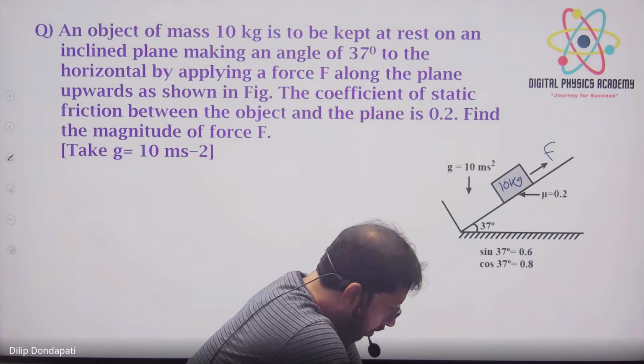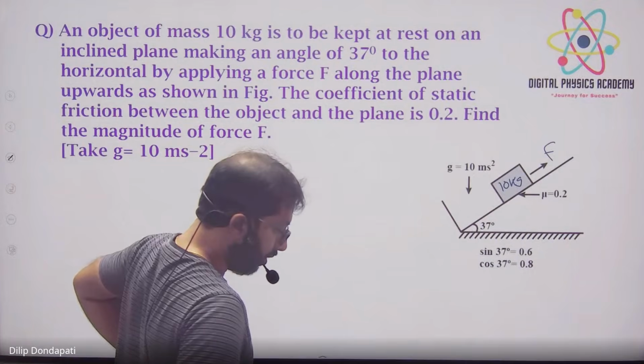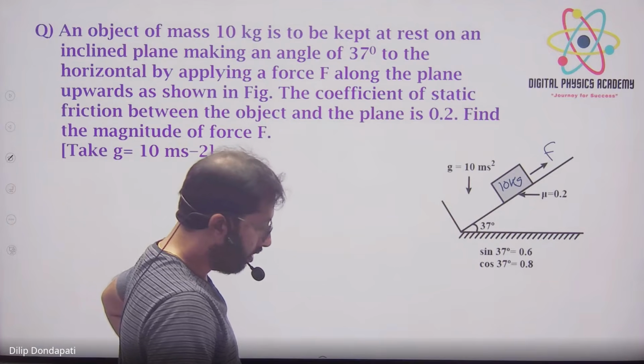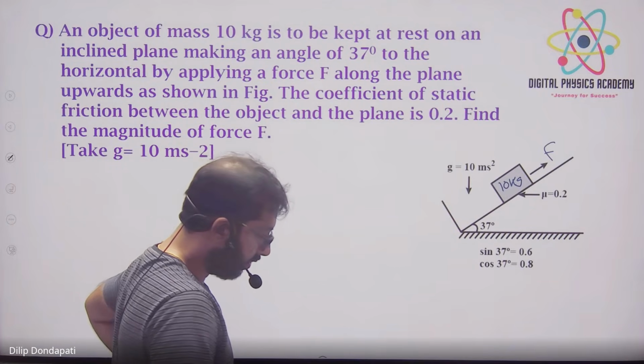So what is tan theta, 1/2? Oh wait, it's not moving. We are applying a force F to stop the object. Options: 55, 44, 35, 47.